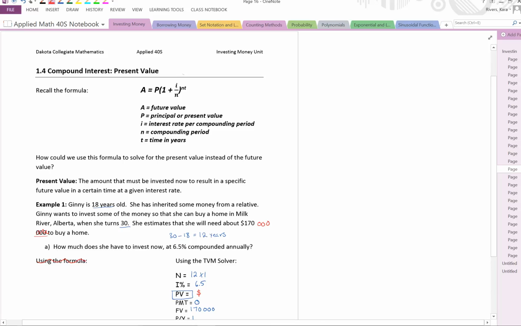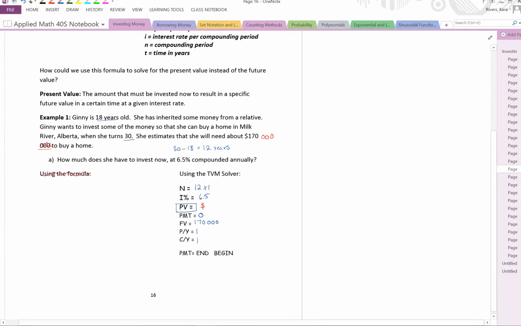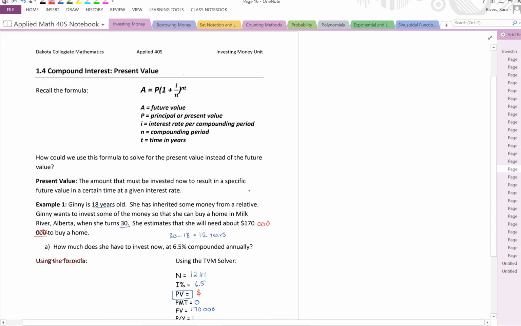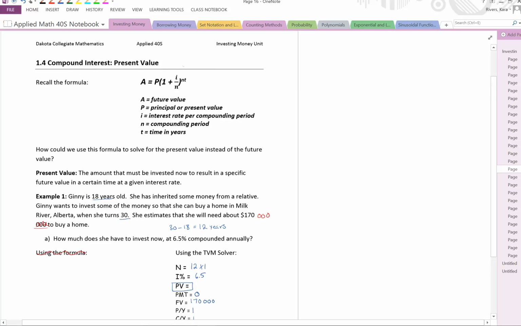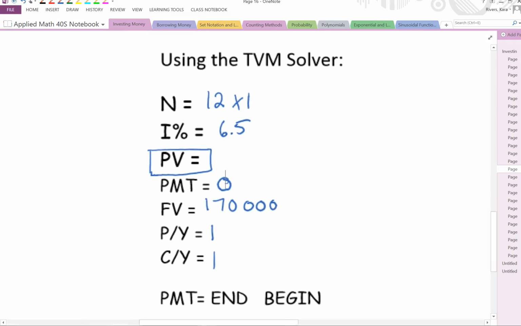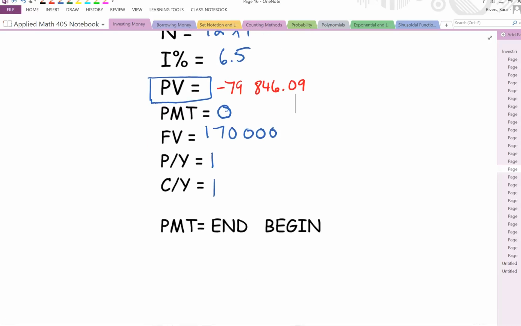So what you can do, if you want, at this point here, you can write negative $79,846.09, and then at the end you can state that with a dollar sign without a negative sign, $79,846.09 needs to be invested.